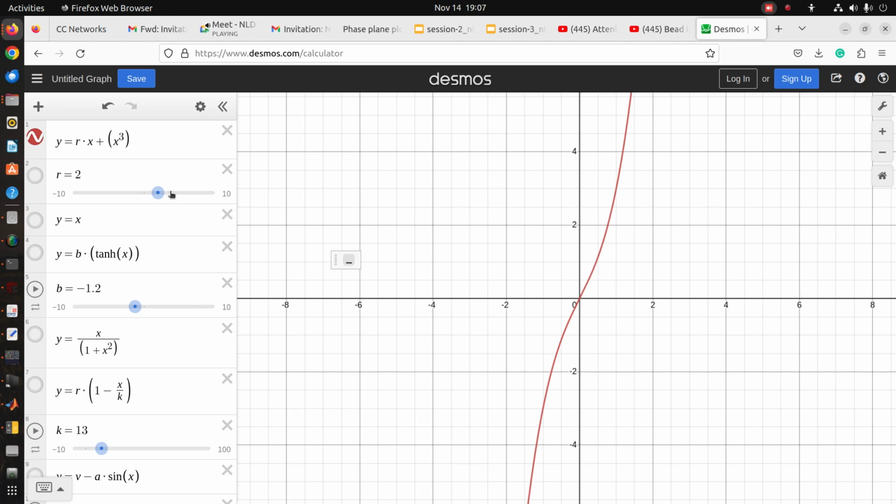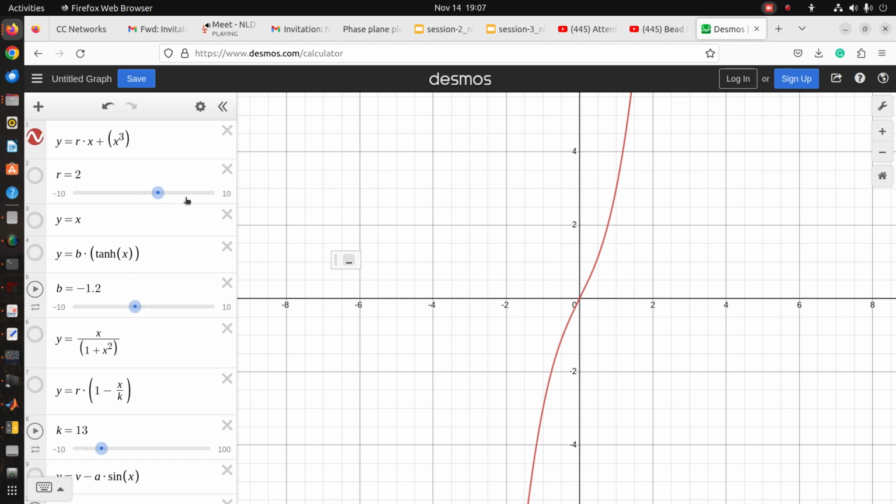So if you plot the bifurcation diagram for this subcritical pitchfork bifurcation, you have R over here and you have x over here. Now when your R was less than 0, x equal to 0 was a fixed point as shown here, and the remaining two were unstable, so they are represented by the dotted lines here.